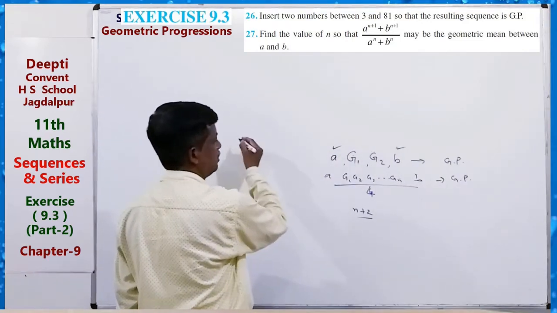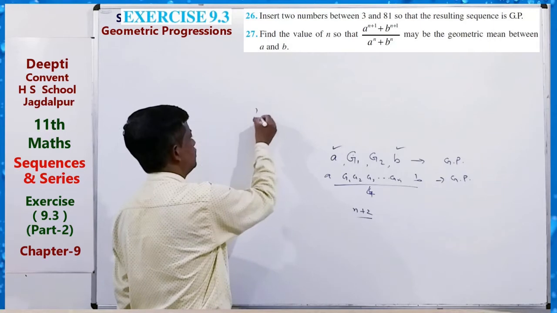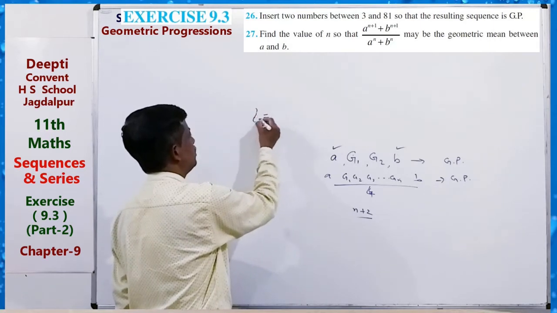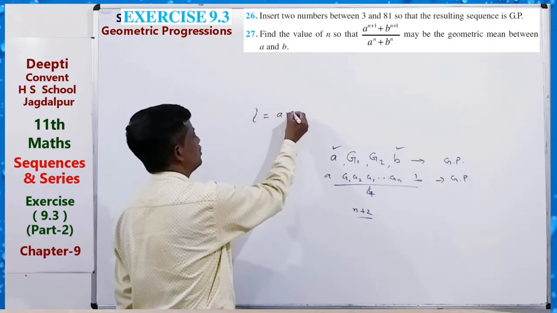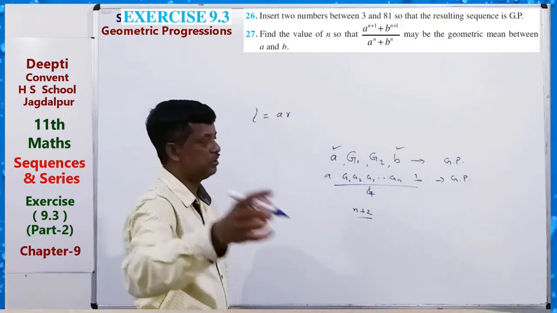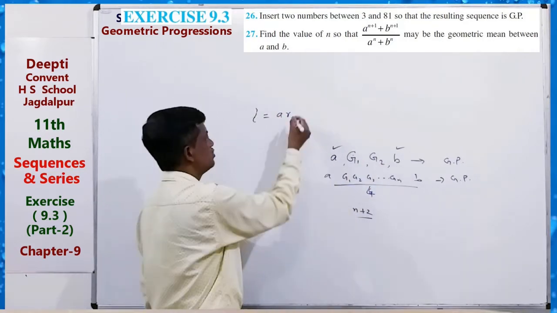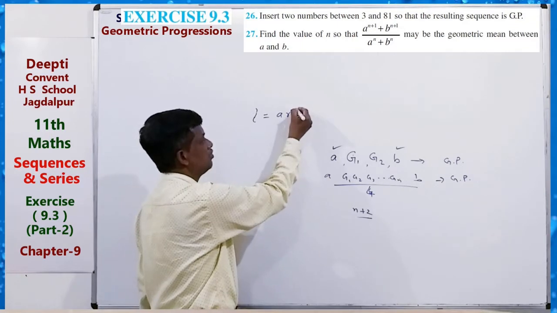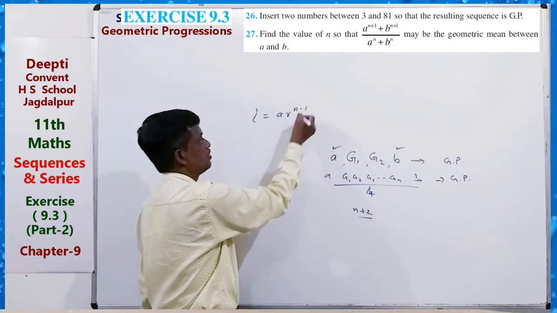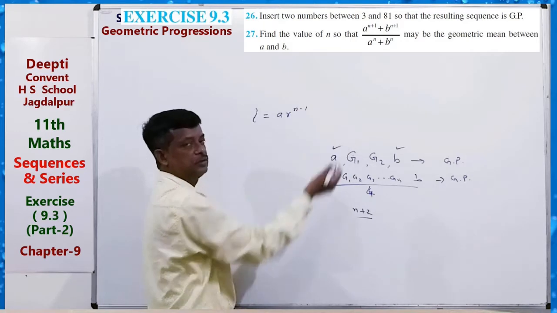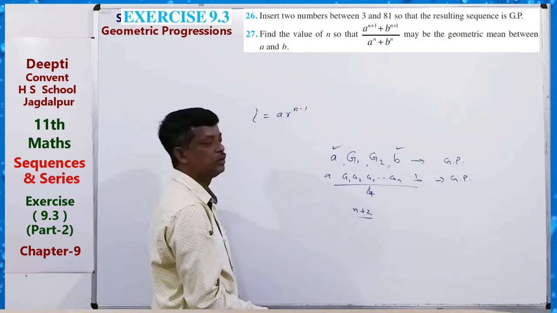Okay, so here G1 can be found by using the last term formula, a_n equals a r to the power n minus 1. So here if two terms are inserted, then the number of terms will be 4, and n term means n minus 1, so 4 minus 1.